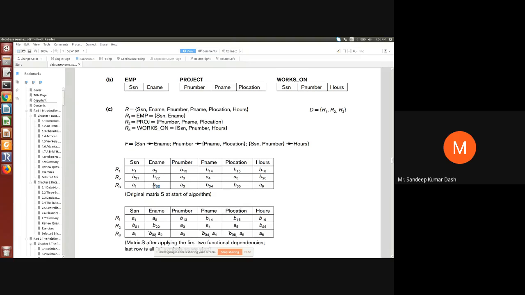From this A2, you can copy this value. That means this B32 can be written as A2 because it has the same left side. A1 with reference to the R1 row, A1 is matching, so you can copy the A2 onto this.